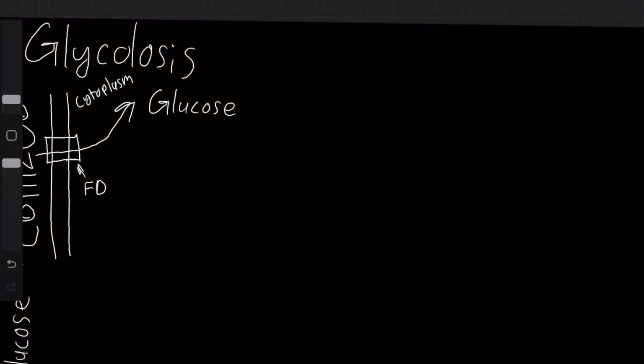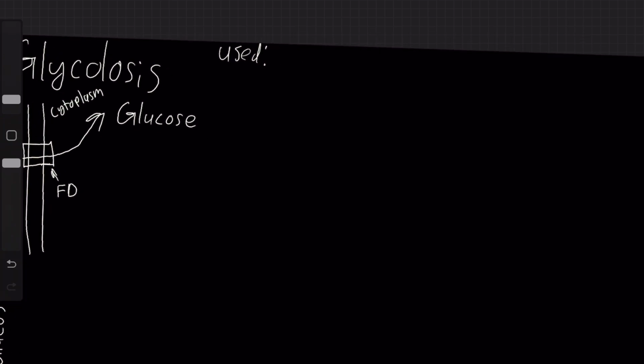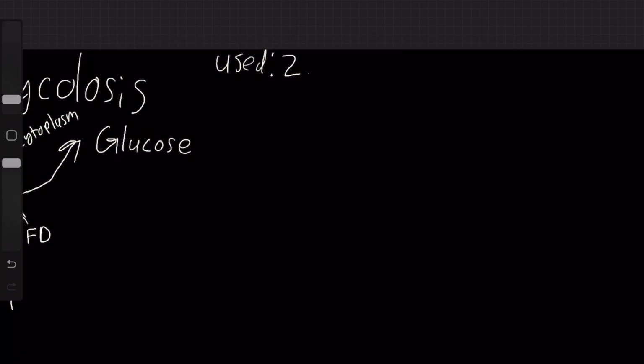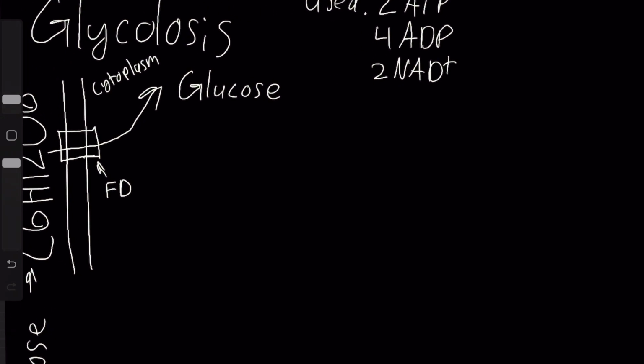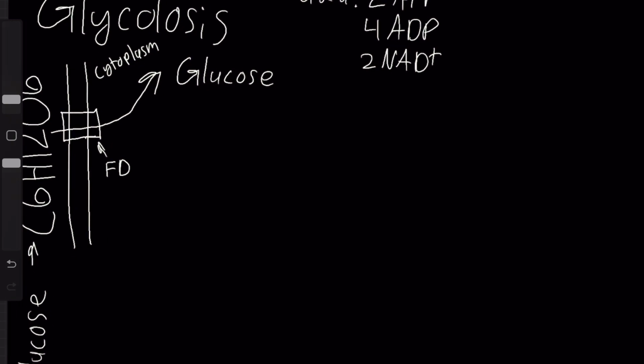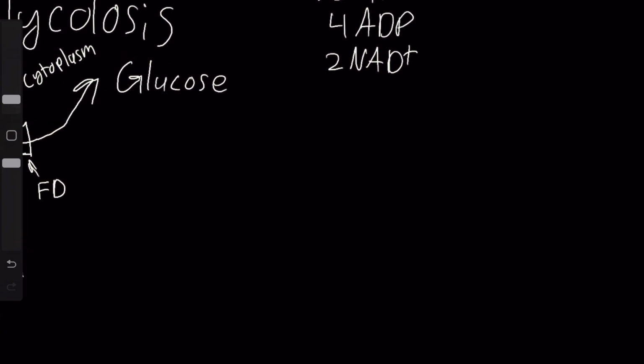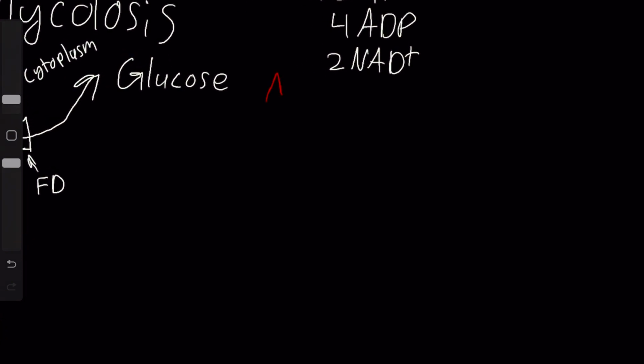Now, again, for my word bank method, I said we used 2 ATP, 4 ADP, and 2 NAD+. So now I can remember, okay, this is our energy investment phase.